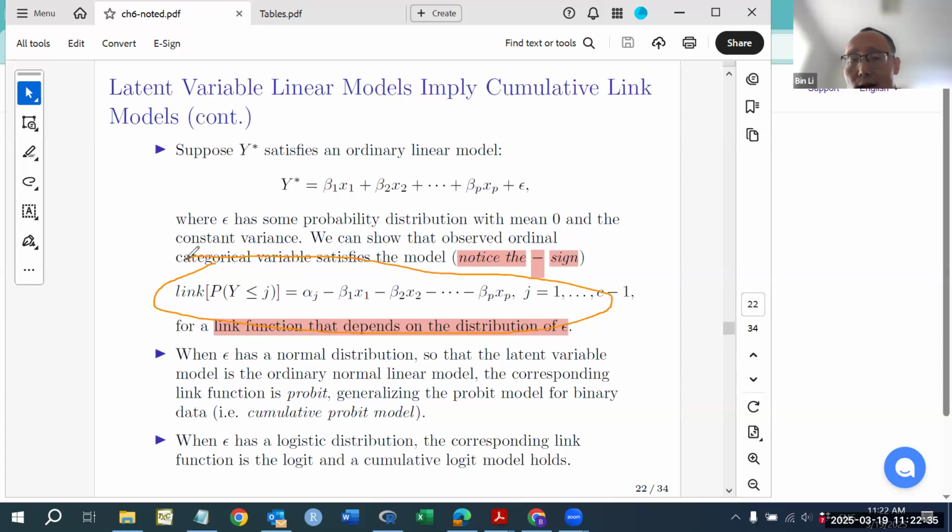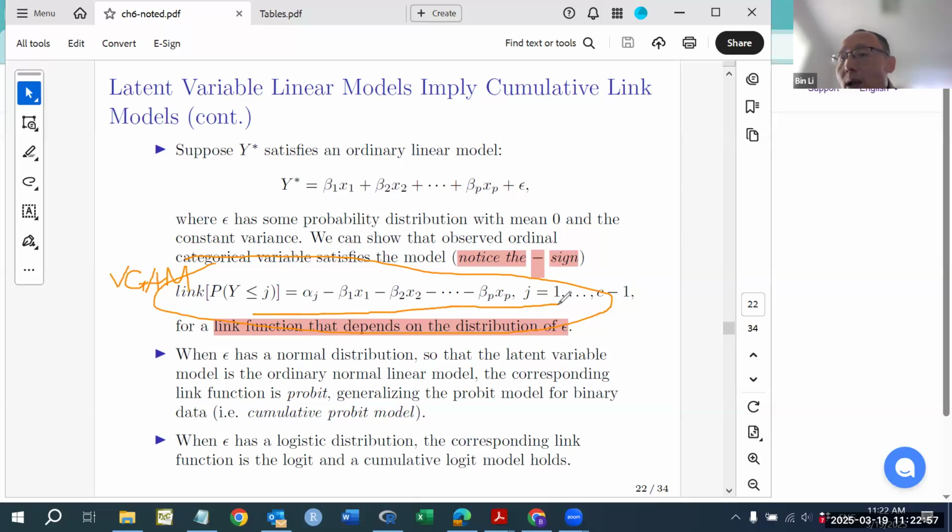Is that clear? So the VGAM library gives you this model, the cumulative logit or the cumulative link model with or without proportional odds.